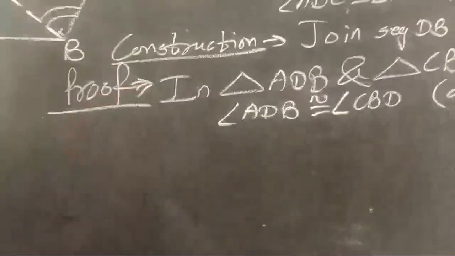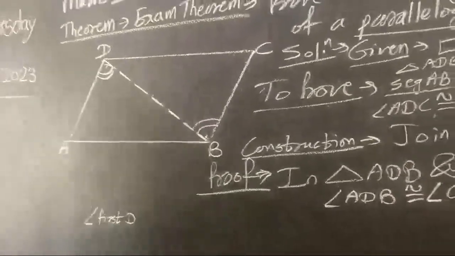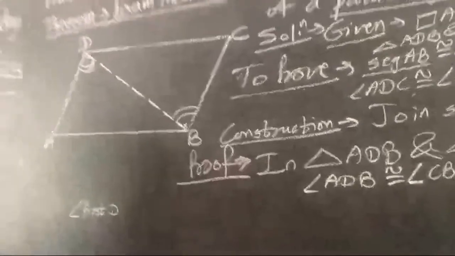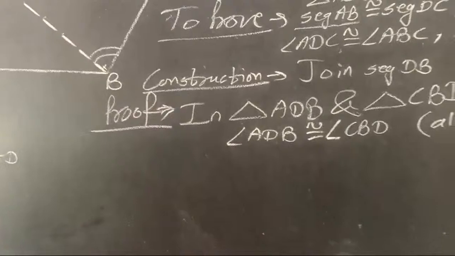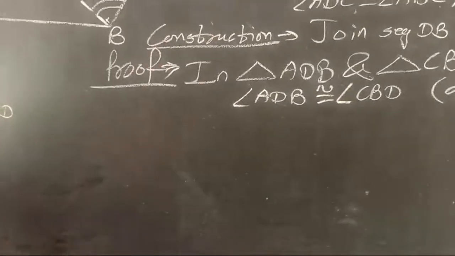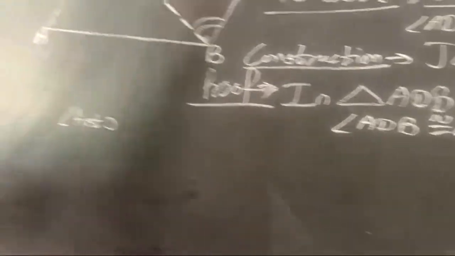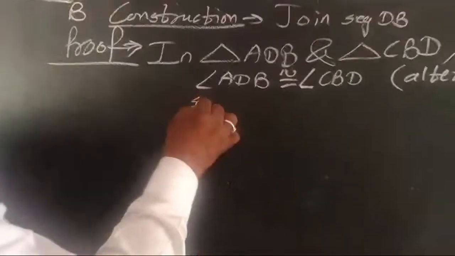Then the next condition. This is the first condition, and we want three conditions. Segment DB congruent to segment DB. Good.